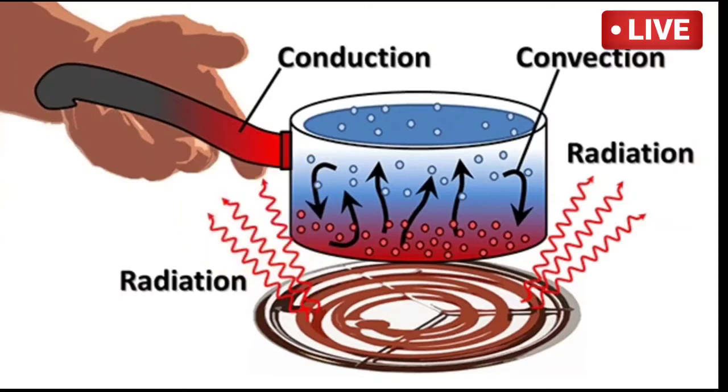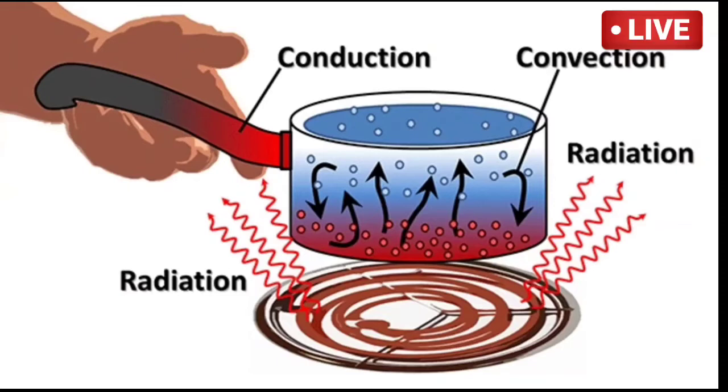So this is called radiation. When you talk continuously for 10 minutes on a mobile phone, your mobile phone gets hot, right? The same heat you will receive in your hand. So this type of thing we can call radiation. Understood? I hope you understood radiation, right?